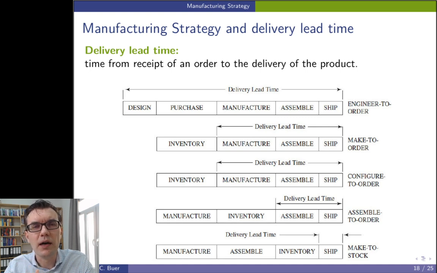So when you buy a Nissan or a Toyota, is the manufacturing strategy the same as when you buy a BMW or Mercedes? And a third case I would like you to discuss with your fellow students: you go to a restaurant or to a coffee shop and you place an order. So which manufacturing strategy is used by these businesses?